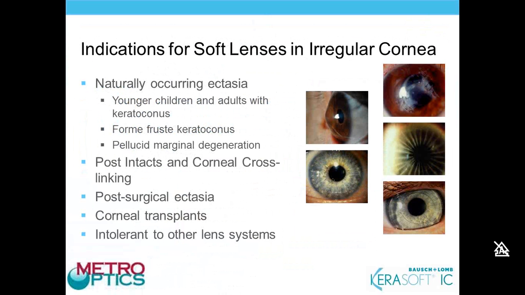We also have pellucid marginal degeneration and keratoglobus as part of the naturally occurring ectasias. Now, those patients that have had the naturally occurring ectasias might have already undergone some form of surgical correction, such as intacs or intrastromal ring implants or corneal cross-linking, and these lenses can also fit over those types of corneas.